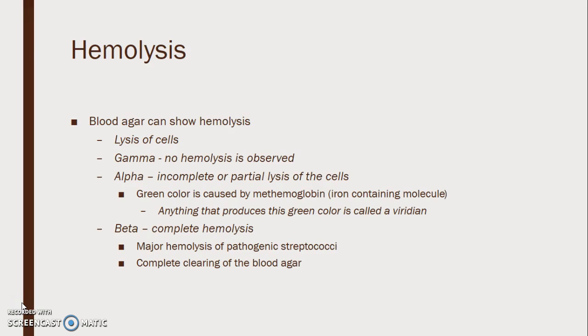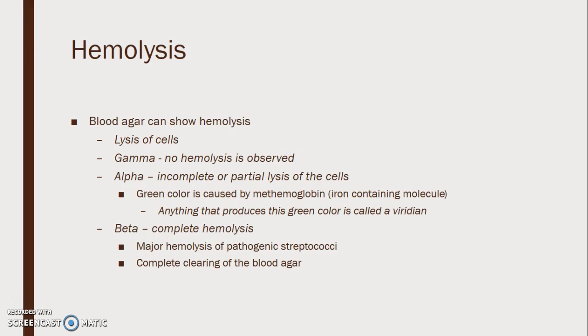I probably should have gotten a picture of this, but you can look that up, and there are pretty good examples in the lab. The thing about alpha hemolysis is that a green color appears. It's green, but you have a red background because of the blood agar plate, so it looks kind of grayish green. It's caused by methemoglobin, which is the iron-containing molecule in hemoglobin.